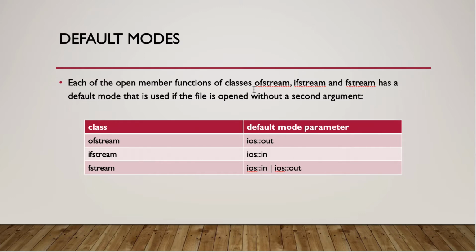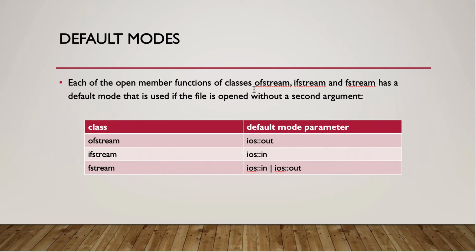If the function is called with any value in that parameter, the default mode is overridden, not combined. File streams opened in binary mode perform input and output operations independently of any format consideration.